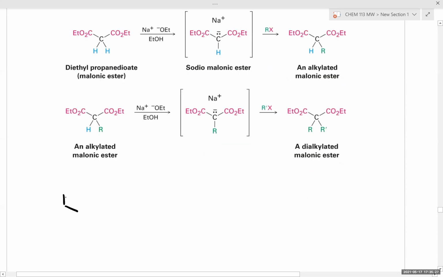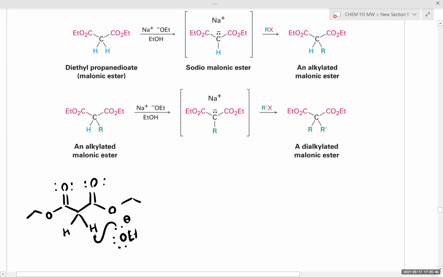So for example, if you start with diethyl propane dioate and you treat it with ethoxide, you'll first deprotonate your highly acidic alpha protons and generate your malonic ester enolate. From here, the enolate is a competent carbon-centered nucleophile that can react with common electrophiles such as your alkyl halide.